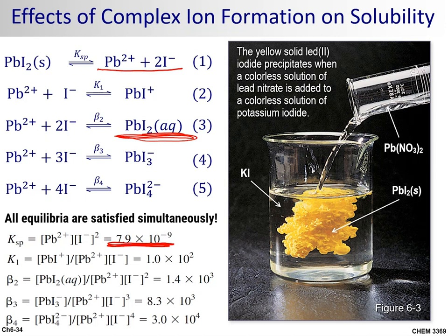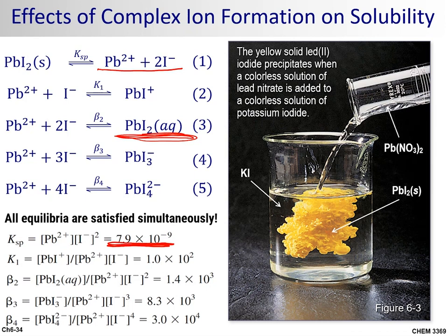So experimentally, what we see is that at low iodide concentrations, the solubility of lead iodide is governed by the precipitation of PbI2 as a solid. But at high concentrations of I-, all these reactions from 2 through 5 are driven to the right.